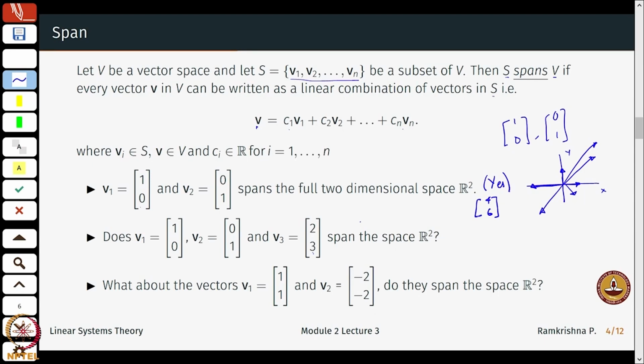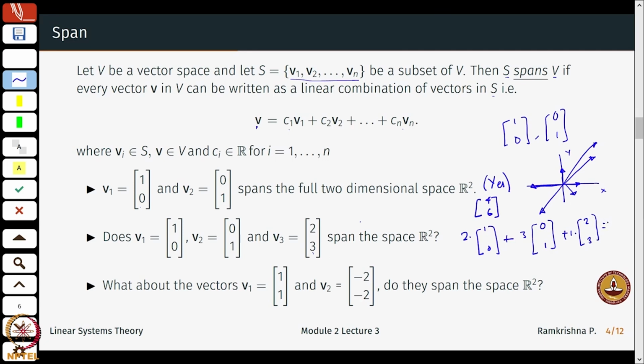I can write this as 2 times v1, that is (1, 0), plus 3 times v2, plus 1 times v3, that is (2, 3).